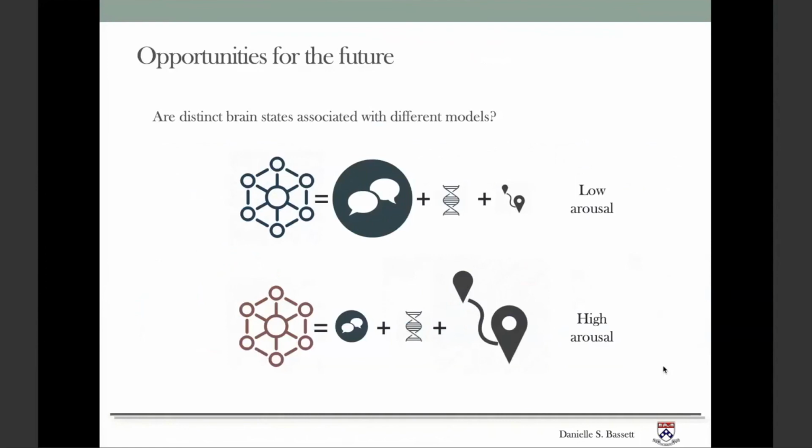One question that I'm very interested in is, is it possible that distinct brain states are associated with different models of this type? So if we took the functional connectivity data and looked specifically during low arousal states or high arousal states, would we find that different pieces of this equation become more important?